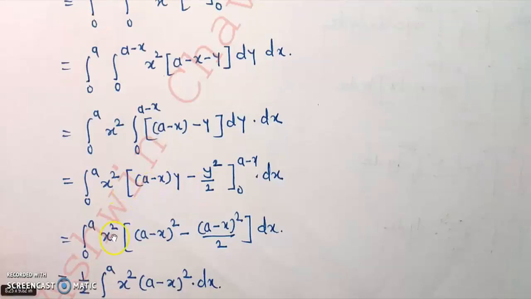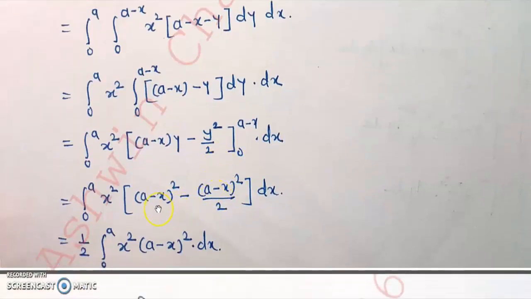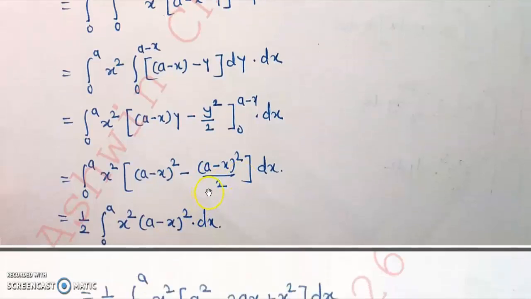So x square is still outside. A minus x into the upper limit a minus x for y gives us a minus x whole square minus a minus x whole square by 2, and the lower limit gives us 0. Therefore bracket square, 1 times bracket square minus half times bracket square gives us half times bracket square. That's why half outside. So this addition gives us half times a minus x whole square.